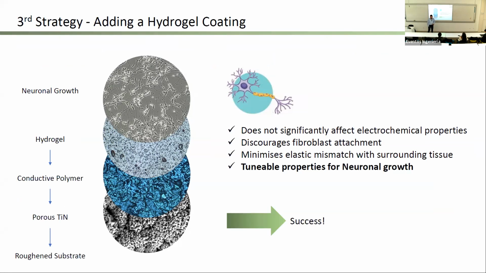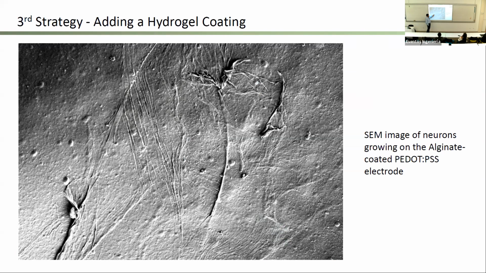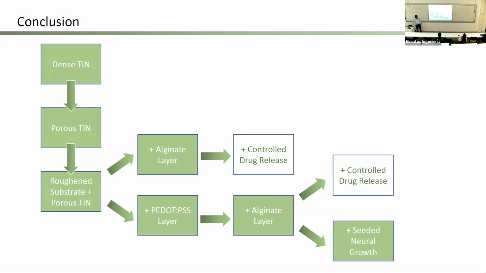Last time I visited here, Los Andes, we also saw some research where neurons were being 3D printed in hydrogels, and basically this interface gives the ability to further modify this layer, and in fact, in our case, some neuroblastoma cells were seeded and differentiated on the hydrogel surface into neurons, and you could see the cell bodies and this fibrous growth, which are characteristic of neurons, growing on the surface, showing that yes, the hydrogel encourages neural growth, but at the same time it discourages fibrous growth, which is basically what we want over here.